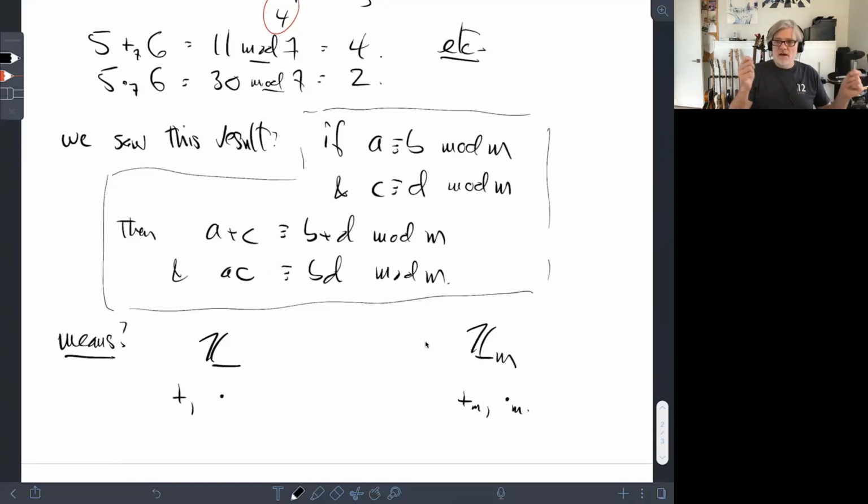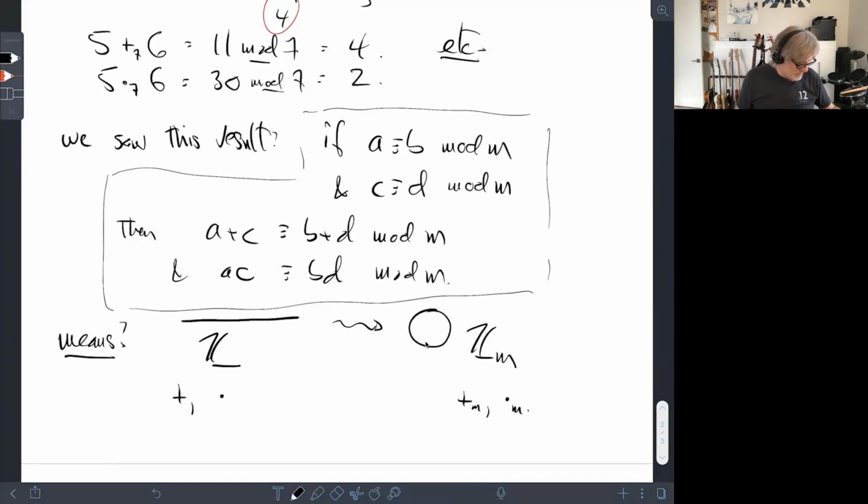And we have a way of going from one to the other, which is that you wrap this line around the circle. What this lemma says is that when you transform things like this, the plus and product will be transformed the right way in the circle arithmetic.